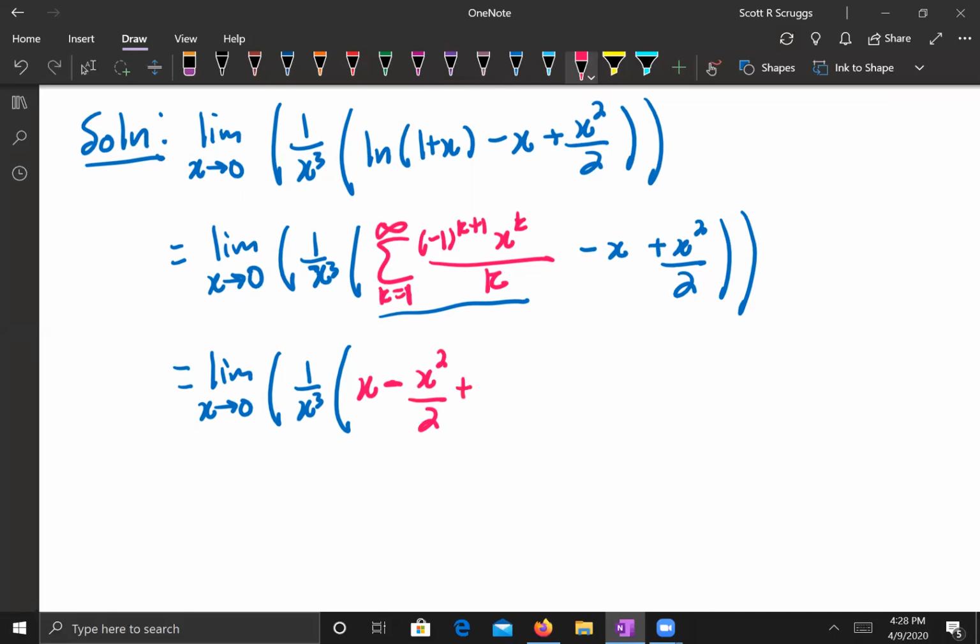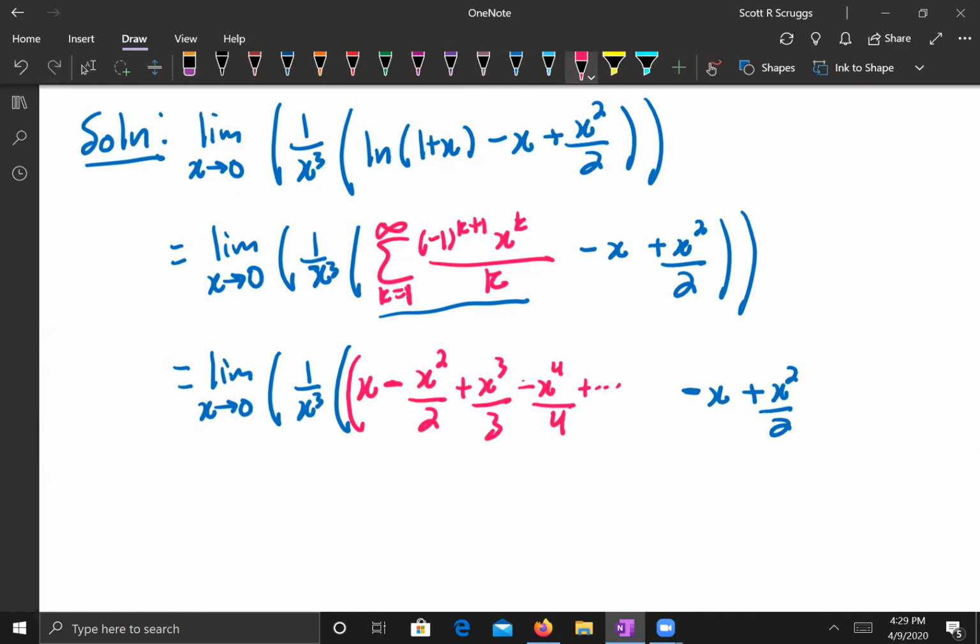And the pattern is going to be that for every even term, I'm going to have a minus sign up front. Dot, dot, dot. And I have a minus x and a plus x squared over 2.